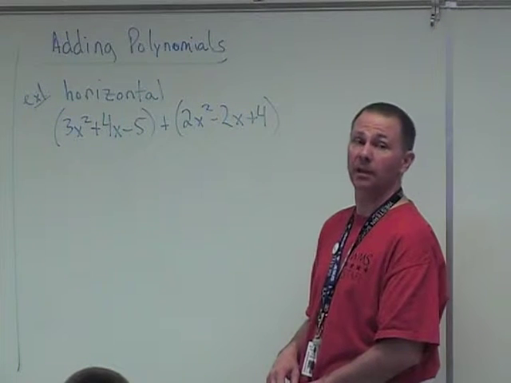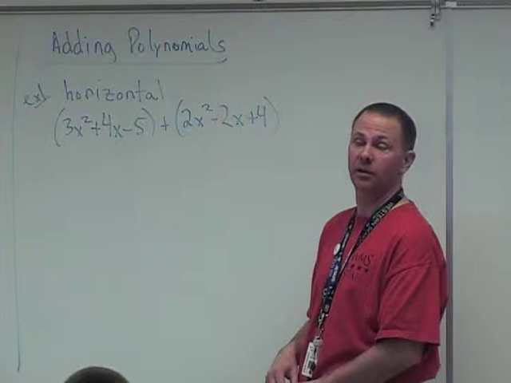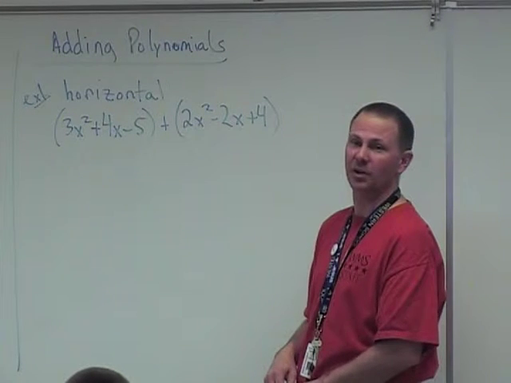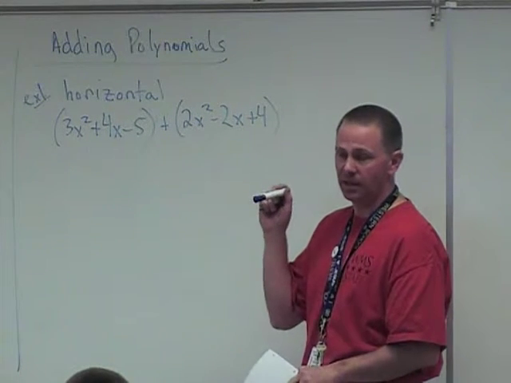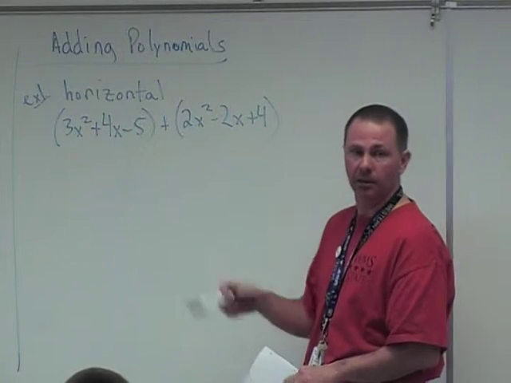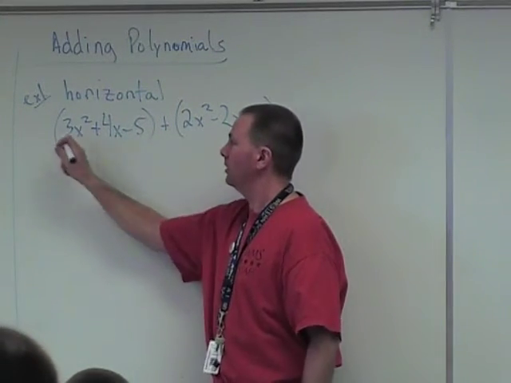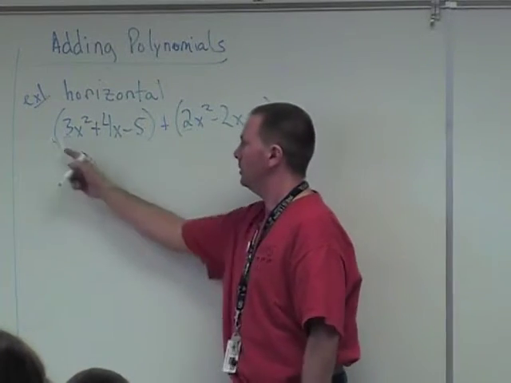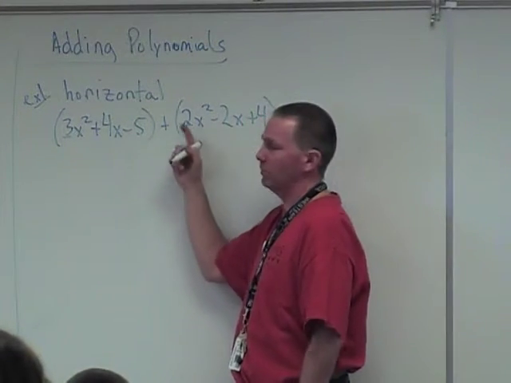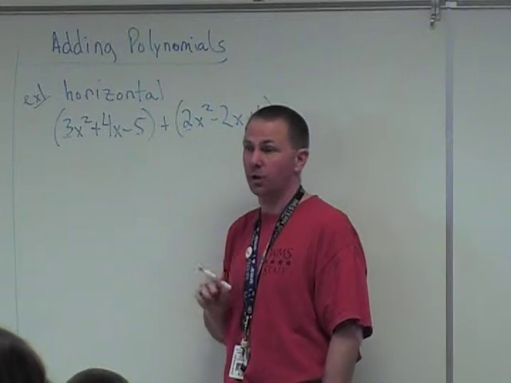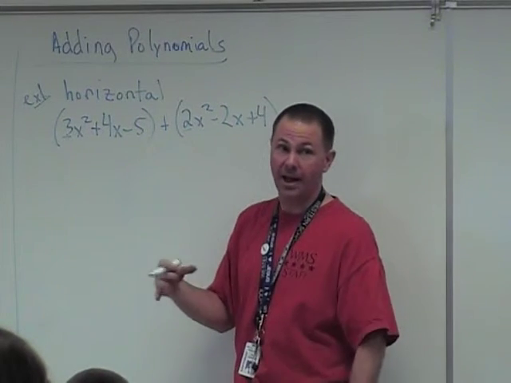Oh, so they have the same letter and the same exponent? That's right. Like terms have to have the same base, in this case the letter, and the same exponent. And what you do is you look at their coefficients, and you take the 3 plus the 2. The exponents don't change. We're not multiplying or dividing, we're adding.